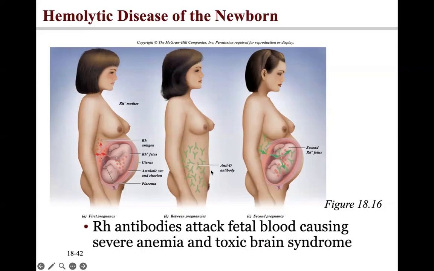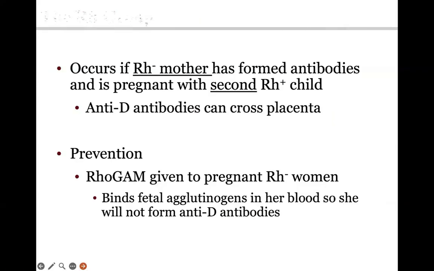But it does occur, so it's essential that the mother's blood group and the fetus's blood group are checked during the entire process of the pregnancy. As I said, RhoGAM is given to a pregnant Rh negative mother so that the entire process can go on well. This actually concludes the blood typing.